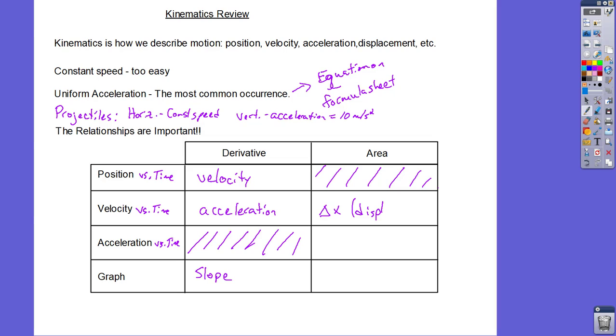And if you are looking for a pattern here, the area on the acceleration graph is the change in velocity. We don't have a special name for change in velocity, but that is true. So on a graph we're talking about area.